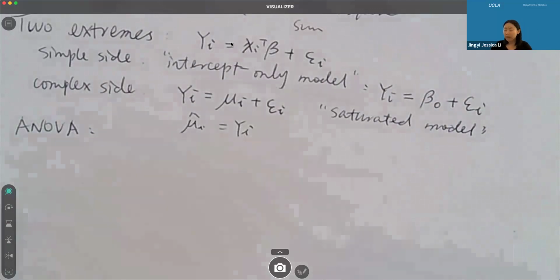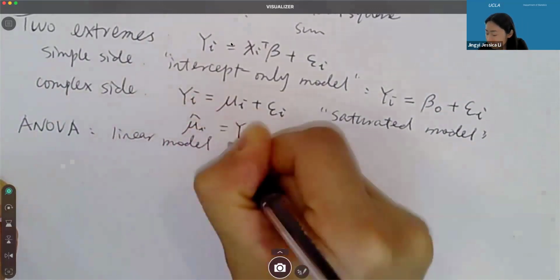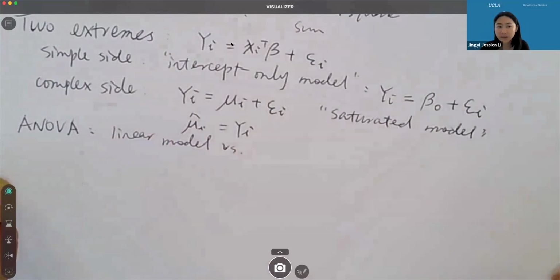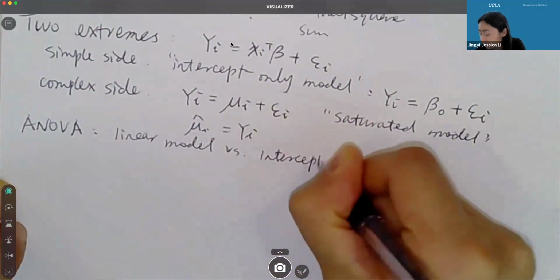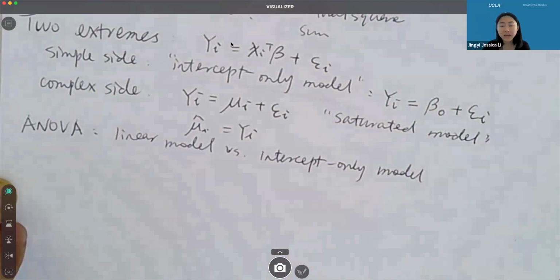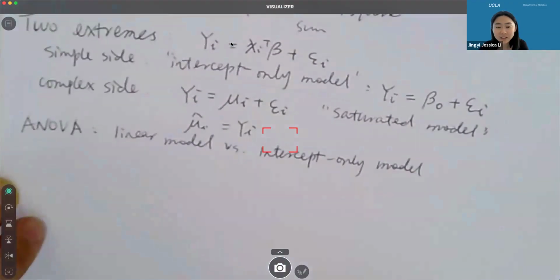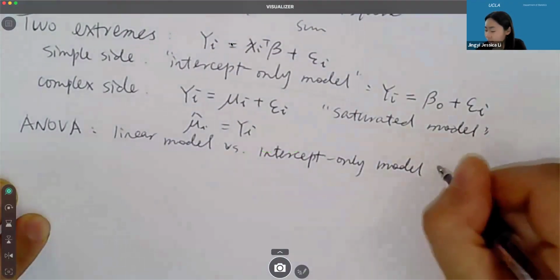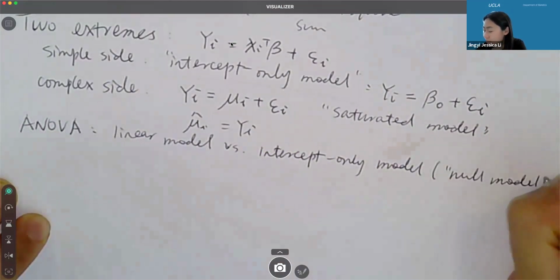But ANOVA is trying to compare the linear model with the intercept only model, and this intercept only model is treated as the null model.